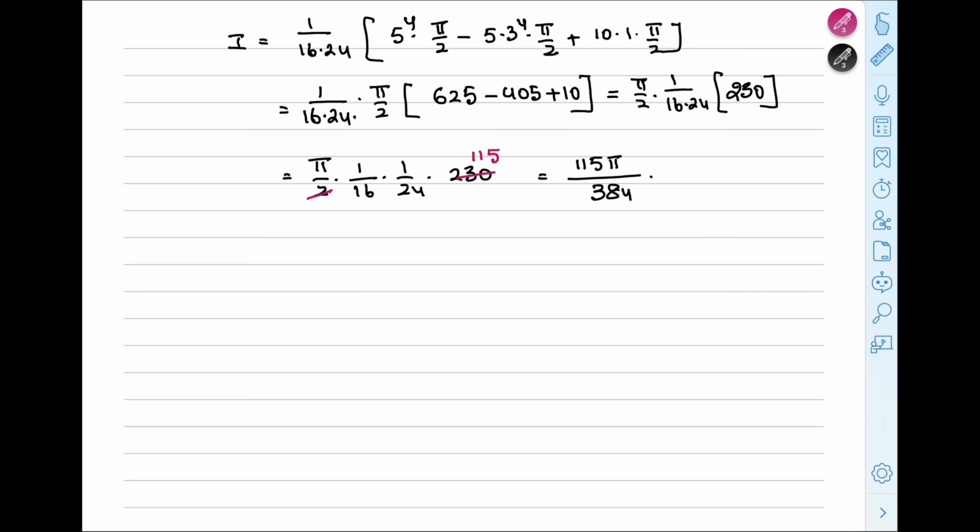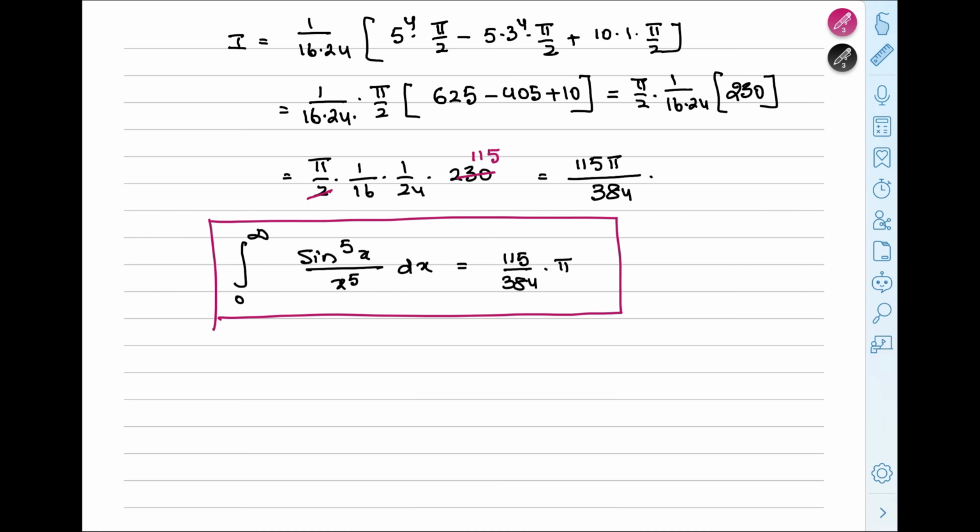That means the integral from 0 to infinity of sin to the power of 5 x divided by x to the power of 5 dx is equal to 115 by 384 into pi. This is the final answer.